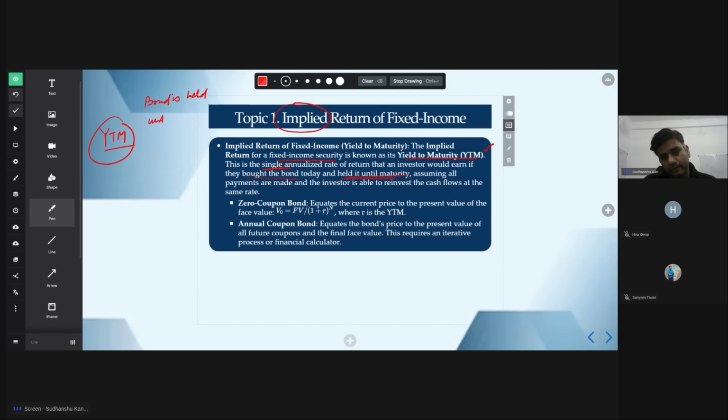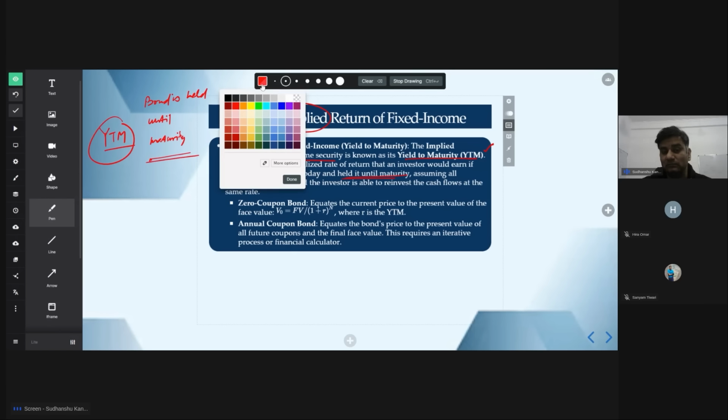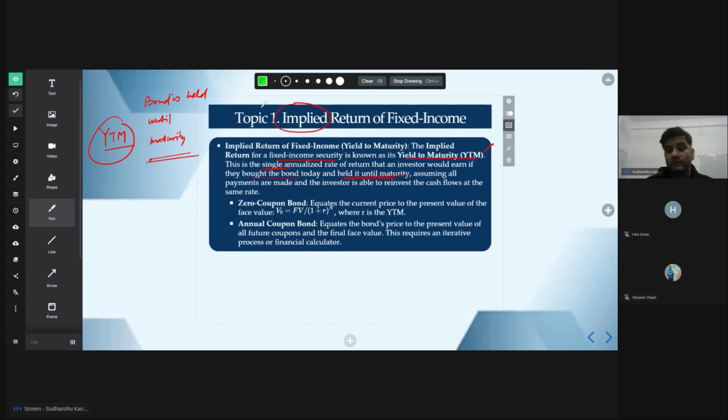Because if a bond is being sold in between, then how can you discount all the cash flows? What I'm trying to put across is that the assumption of YTM will not make sense if you violate this assumption. And this comes in the exam also sometimes. This is a very vital assumption.